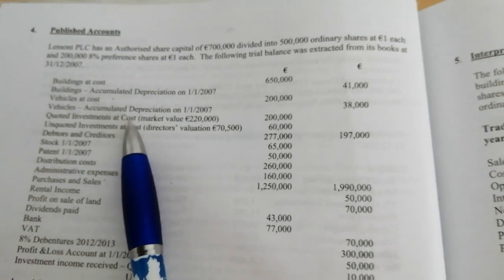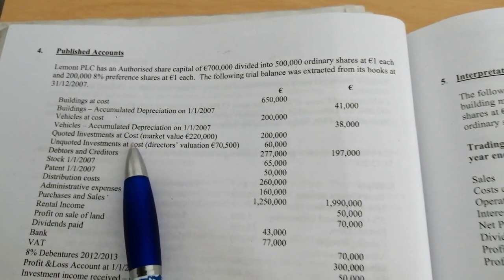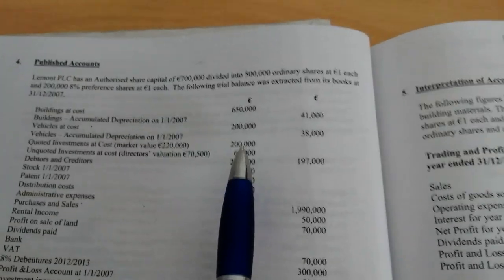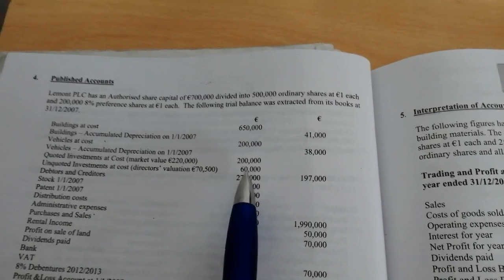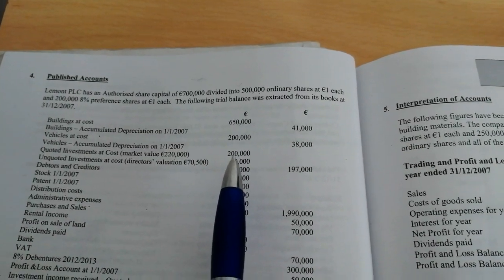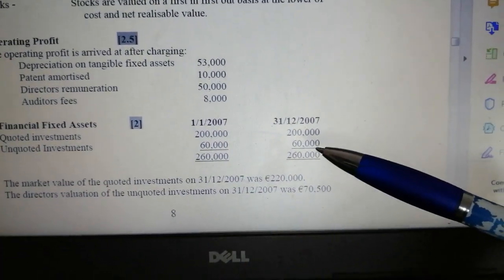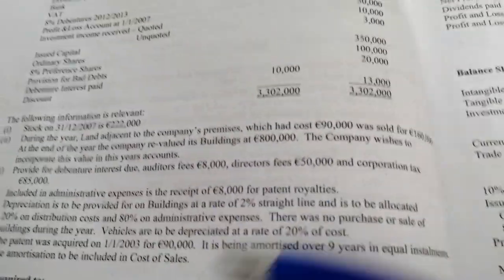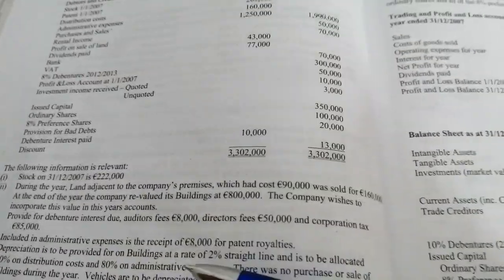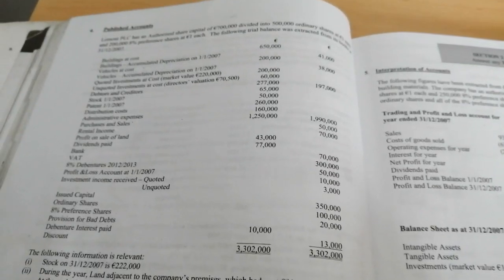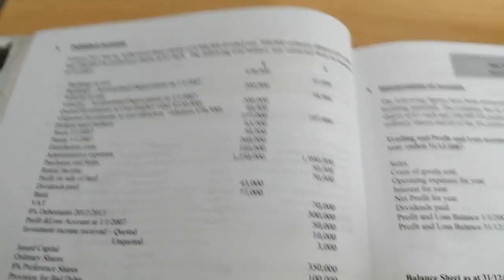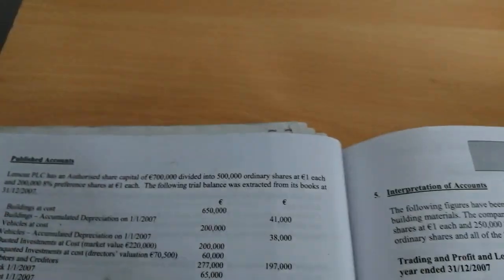So you know which are which because they label them perfectly. They give you the 200, they give you the 60. You put them in as being the exact same at the start of the year and the end of the year. If I look at it here, your two columns, start of the year, end of the year. The only reason they'll change is if they mention somewhere down here how they sold some investments or bought some extra investments during the year. But I don't think outside of pre-papers I've ever seen that happen.